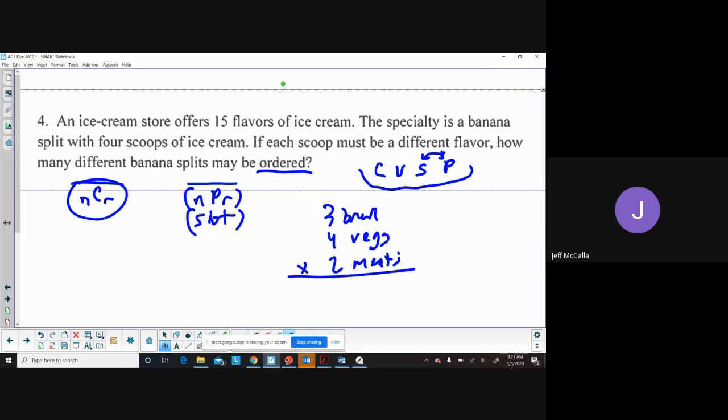It's how many different combinations. That's called the counting principle, where you multiply. So 3 times 4 times 2 is 24, and you get the total number of sandwiches that can be ordered. This is just a different kind of question.